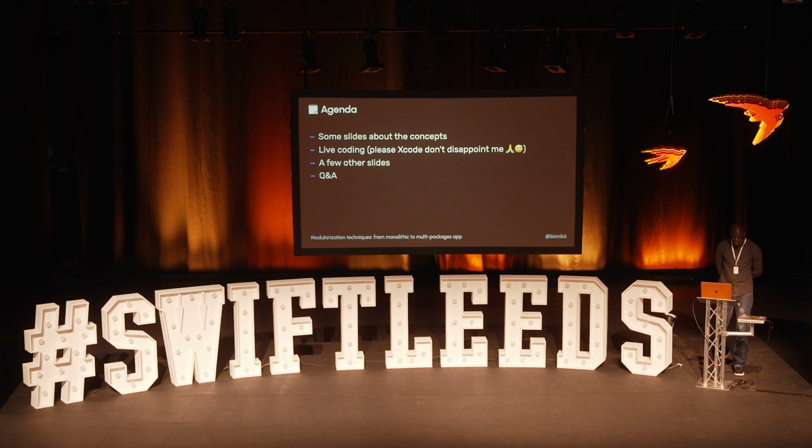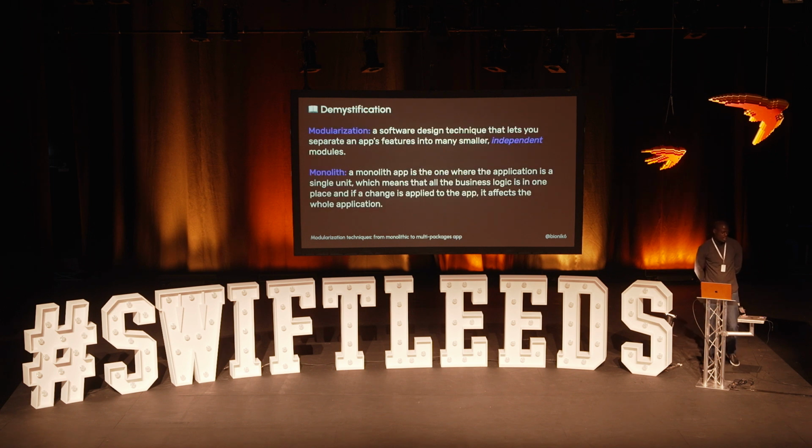Okay, so for the demystification, I talk about modularization and monolith, but what do I mean? So modularization is just a software design technique that lets us separate our app features into many smaller independent modules.